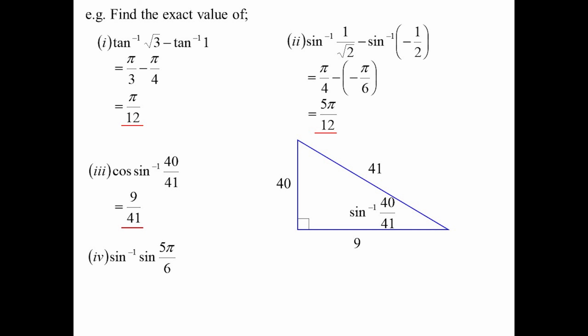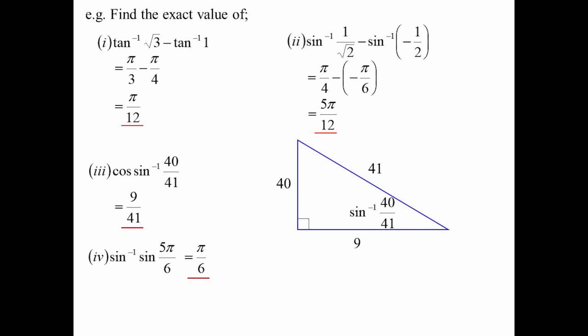So what we have to think about is, well, sine 5 pi on 6. 5 pi on 6 is in the second quadrant, which is positive. So should I get an acute angle or a negative acute angle when we're talking about the sine function? I should get an acute angle. So now the question is, well, what is the acute angle when we're talking about the second quadrant of 5 pi on 6? Well, that's just pi on 6.